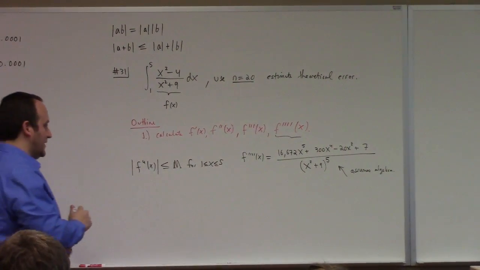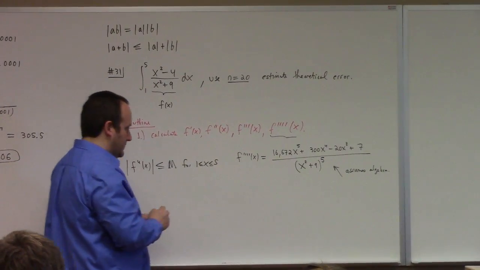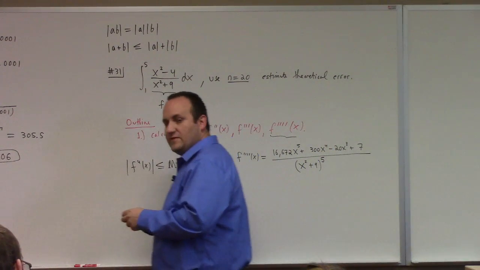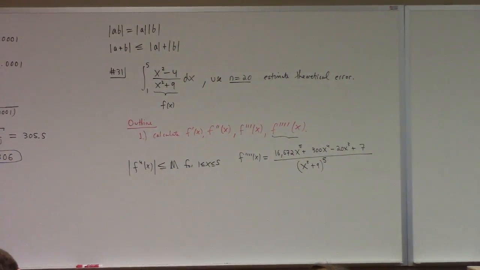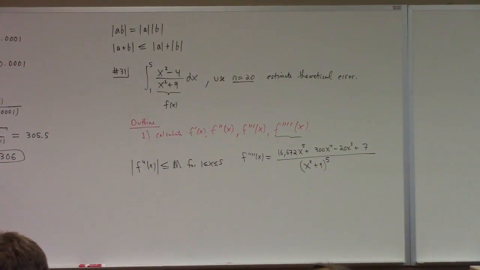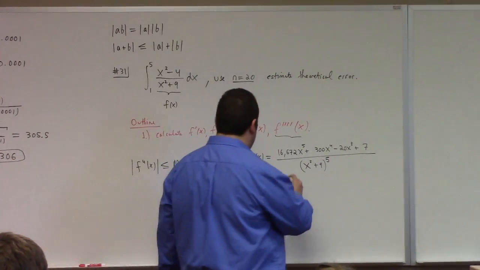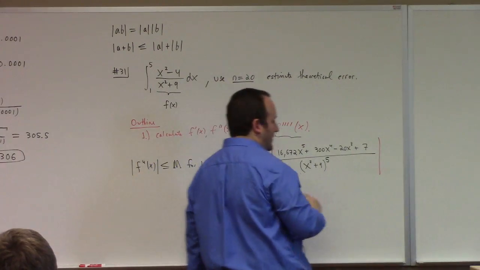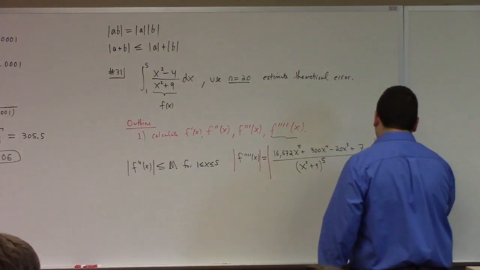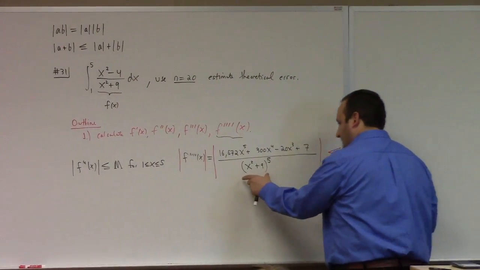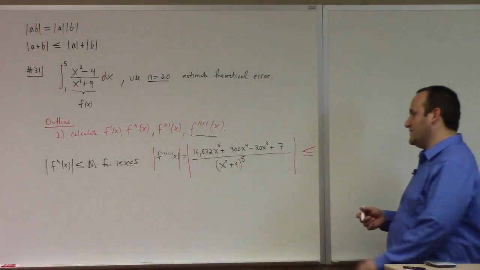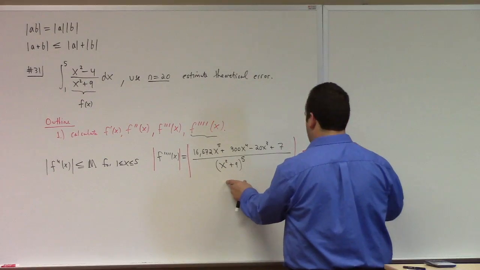So how do I bound something like a fraction? Here's some first order thinking. How do you make a fraction larger? You make the denominator smaller and the numerator larger. So what's the smallest the denominator can be?